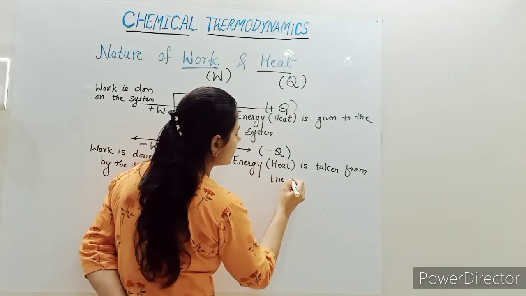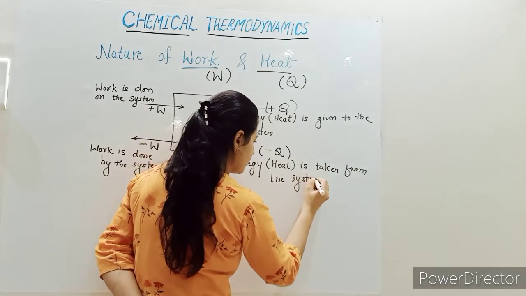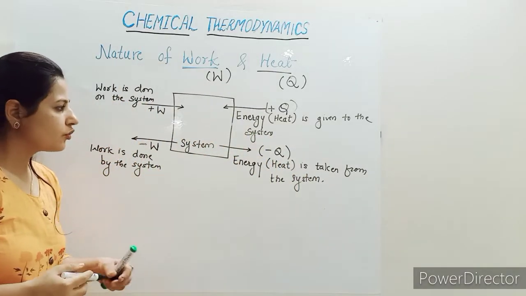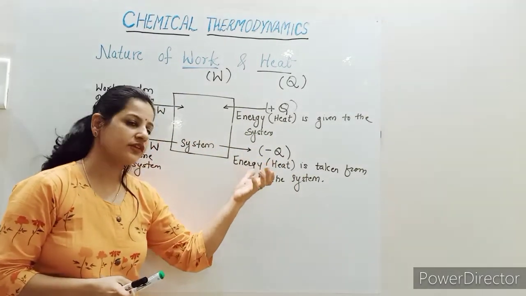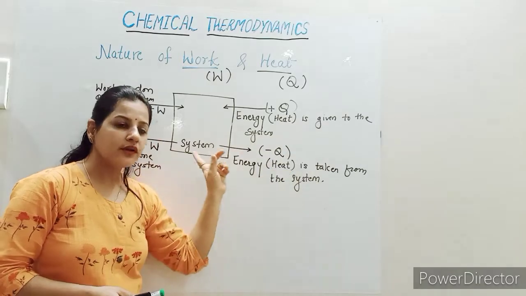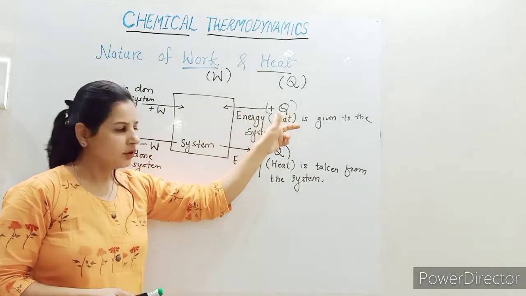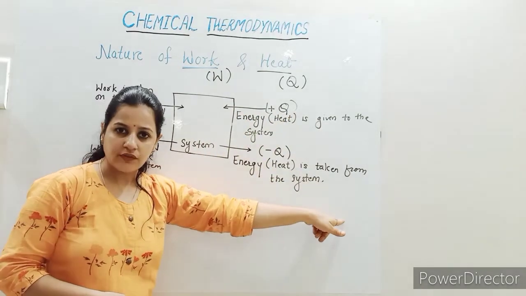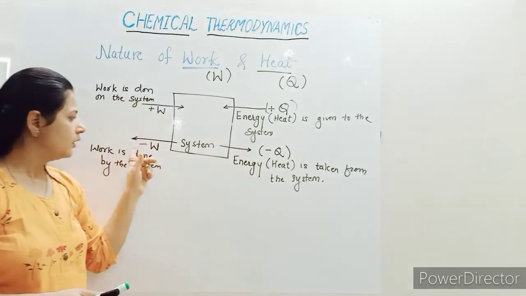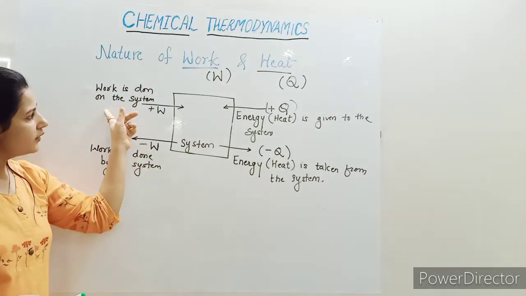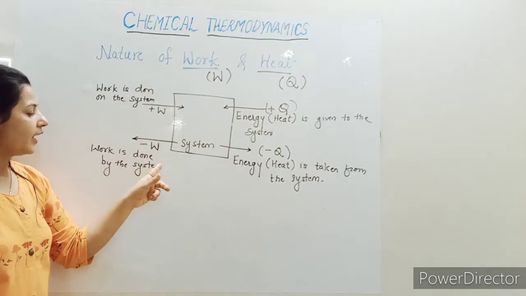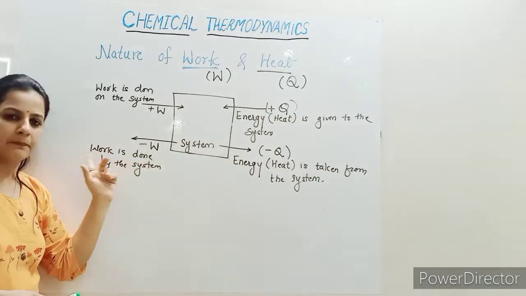So whenever the heat energy is from the surrounding to the system, then plus Q; from the system to the surrounding, minus Q; work done over the system plus W and work done by the system minus W.